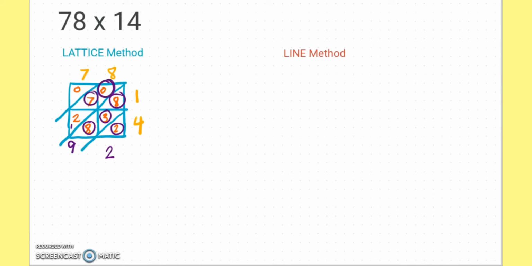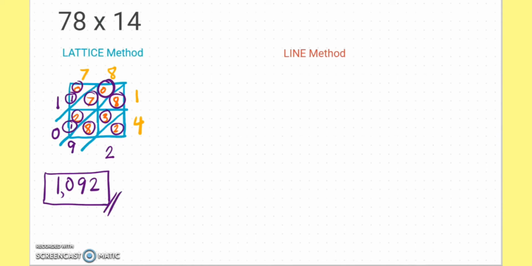So we have 0, 7, 2, and 1, which total to 10. Right? So again, we only take the ones digit of 10 and the tens digit of 10 will be in the other group. So here we have 0 and 1, which is 1. So we have 1092 as our product of 78 and 14.